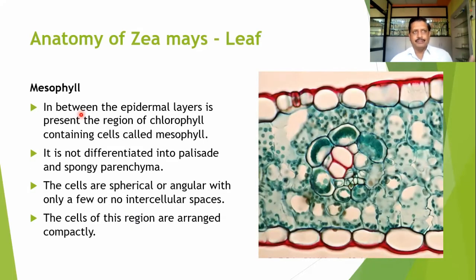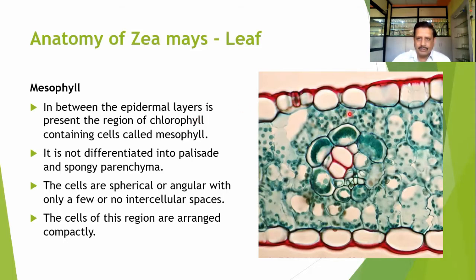This is the epidermis, which is the outermost layer. Below the epidermis, there may be the hypodermis, or we can say up to the lower epidermis, it is known as the mesophyll tissue. The region between the upper and lower epidermal layers, containing chlorophyll cells, is called the mesophyll.